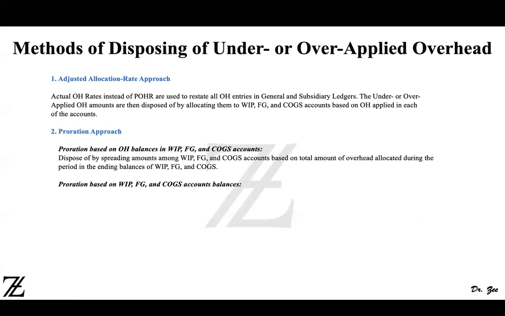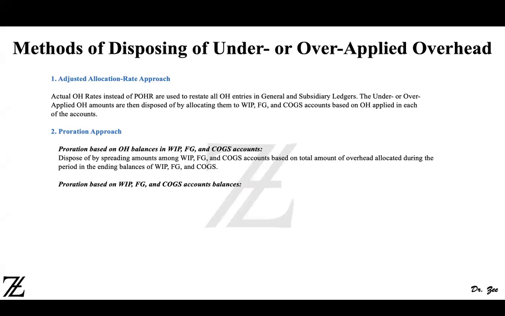Whether we have overapplied or underapplied overhead at the end of the period, we dispose of it by spreading the overapplied or underapplied amount among work in process, finished goods, and cost of goods sold accounts based on the total amount of overhead allocated during the period in the ending balances of those accounts. So we calculate the overhead balances in each of these three accounts, calculate a percentage using that amount, and based on that we allocate and dispose of our overapplied or underapplied overhead to work in process, finished goods, and cost of goods sold accounts.